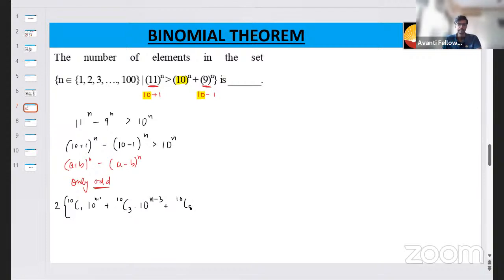Let's write 10C5 into 10 raised to the power n minus 5 is greater than 10 raised to the power n. So if you open this bracket, this bracket is very simple.